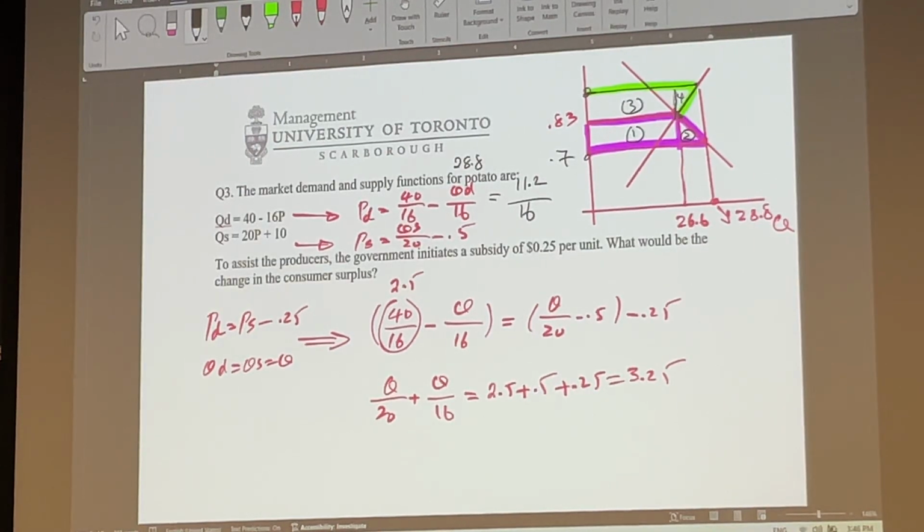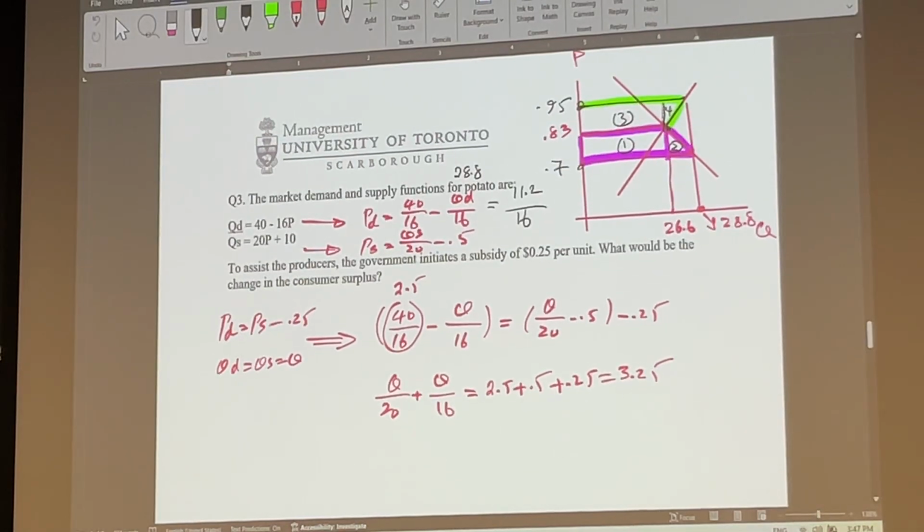Somehow it doesn't sound right. Did I make a mistake? Is that 28.8 right? Yeah. So that's 28.8. 40 minus 28.8 is 11.2. So we'll find it. It's fine. Sounds off a bit, I don't know why.